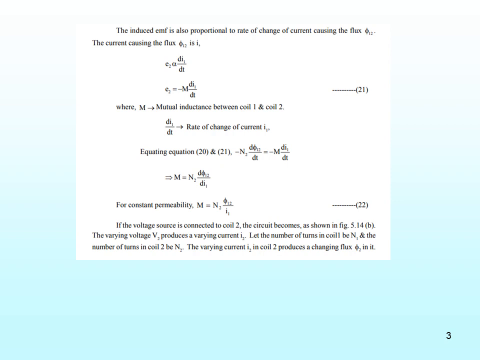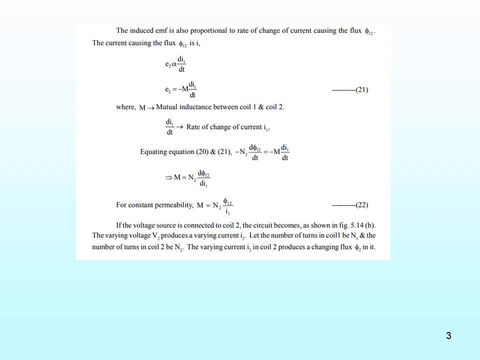Equating the above equations we get minus N2 d phi 12 by dt equal to minus M into dI1 by dt. So M equals N2 d phi 12 by dI1. At constant permeability, M equals N2 phi 12 by I1.